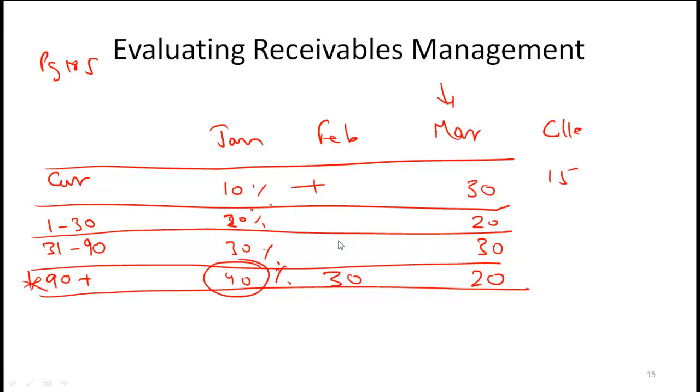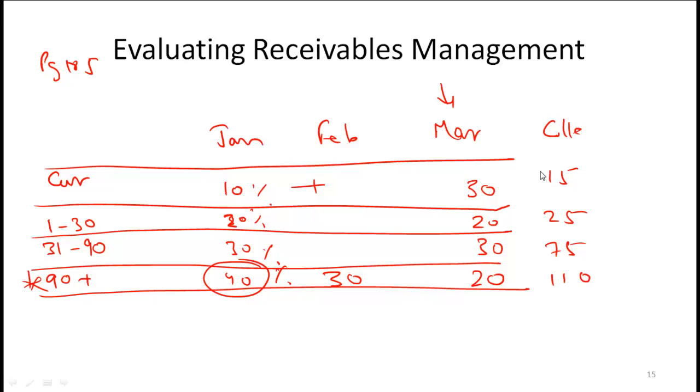The number of collection days on average for the 1 to 30 overdue category, let's say, is 25. For the 31 to 90, let's say that the number is 75, and for 90 plus, let's say that the number is 110.